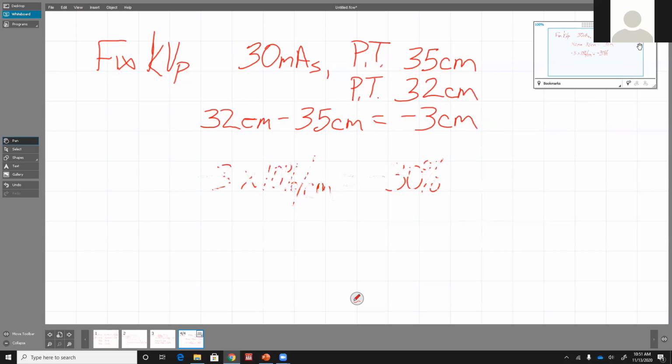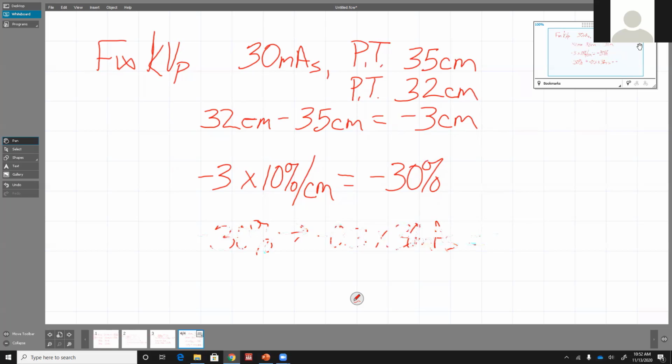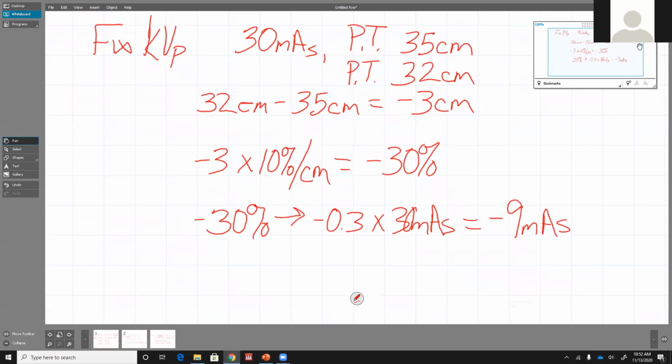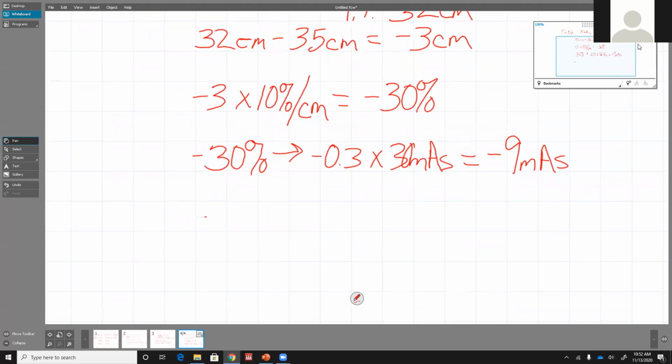And so then we're going to take negative 30%, which would be negative 0.3 times 30 mAs equals negative 9. Take negative 9 from 30. There you go. Just like that.